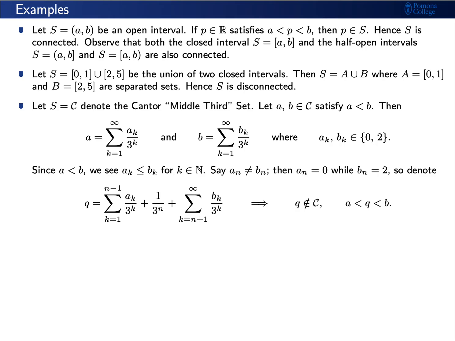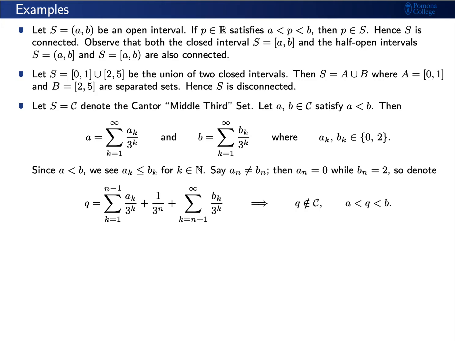So let's denote q to be as follows. The first n minus 1 terms in our sum will just be the terms that we have from a, the a sub k over 3 to the k. Remember that because k is less than n, we are also assuming that a sub k equals b sub k. Now let's let the next term in our ternary expansion be halfway between a sub n and b sub n.